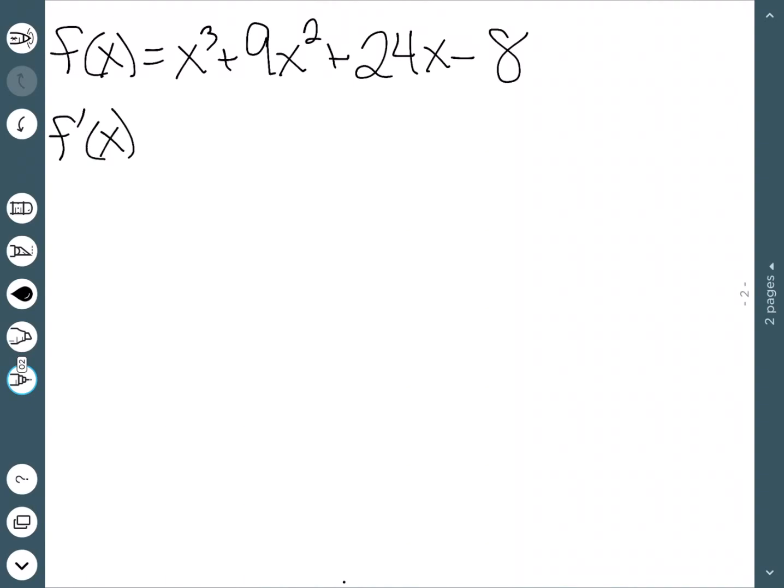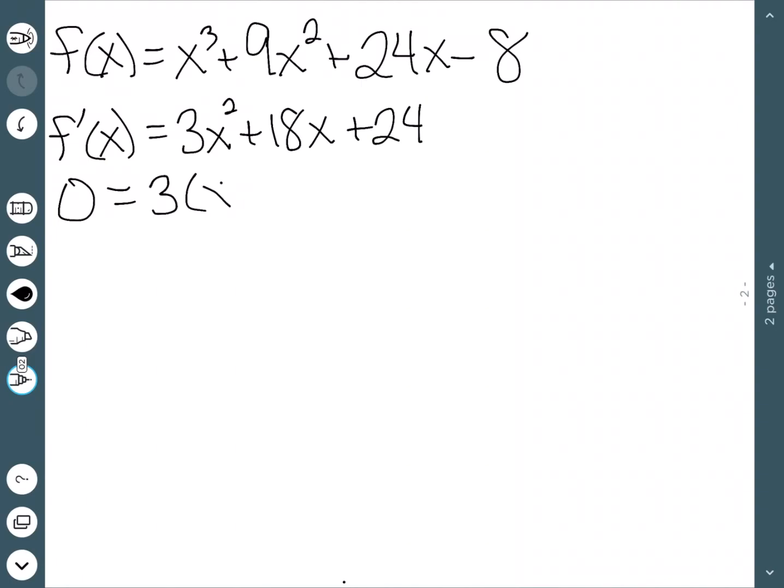If I take my first derivative, I get 3x squared plus 18x plus 24. I want to set this equal to 0. I'm going to go ahead and factor out a 3 on the right-hand side. X squared plus 6x plus 8.